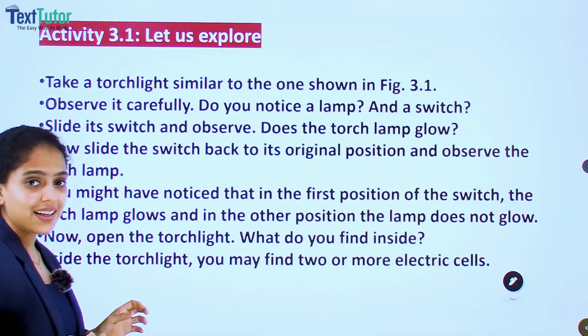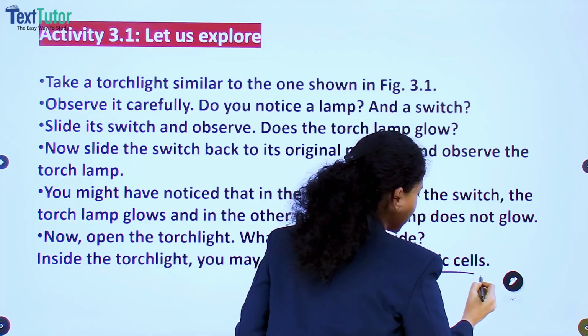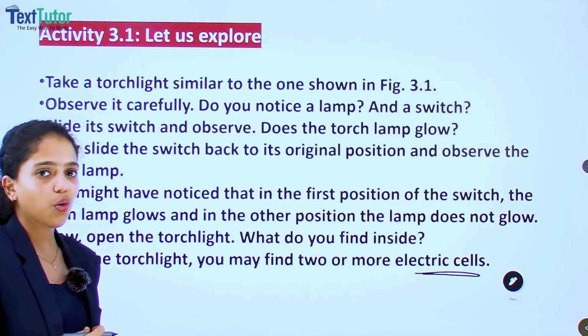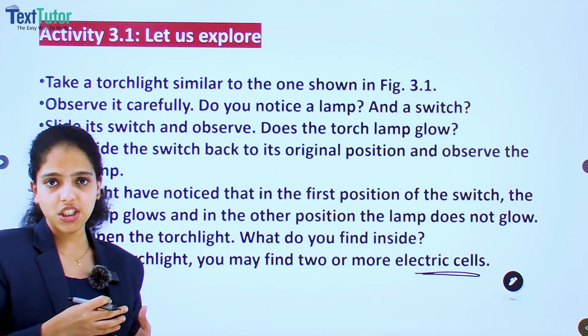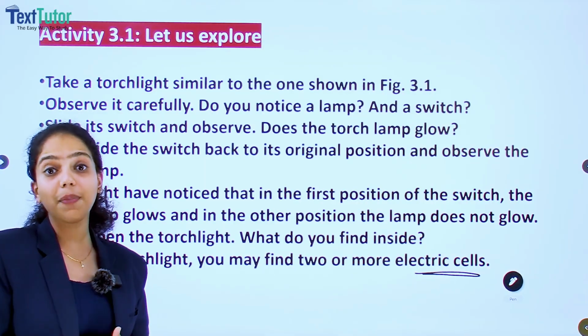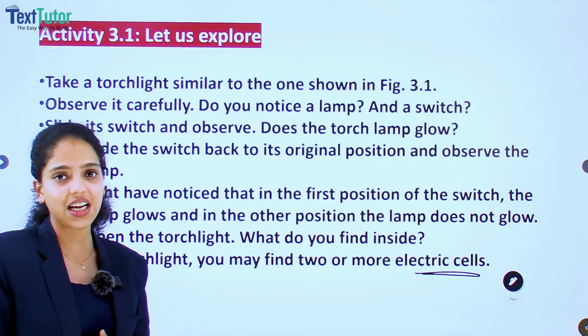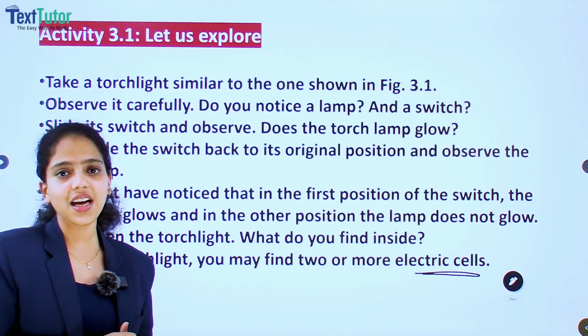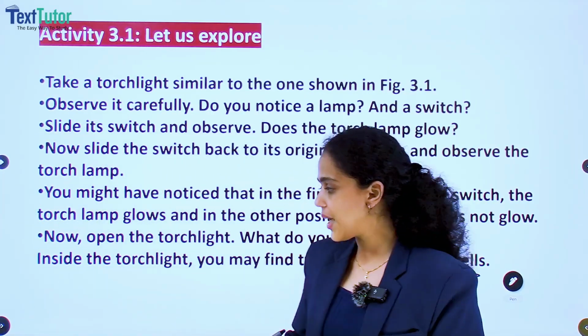So for batteries we are saying electric cells. Inside the torch there are two or more electric cells.